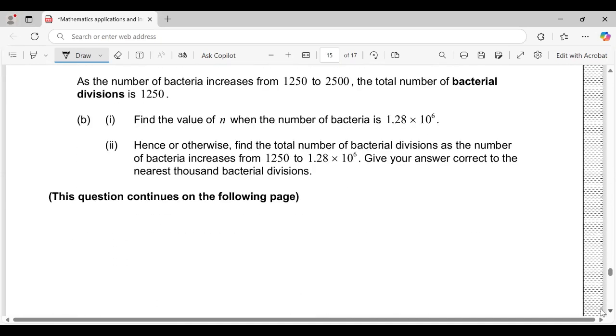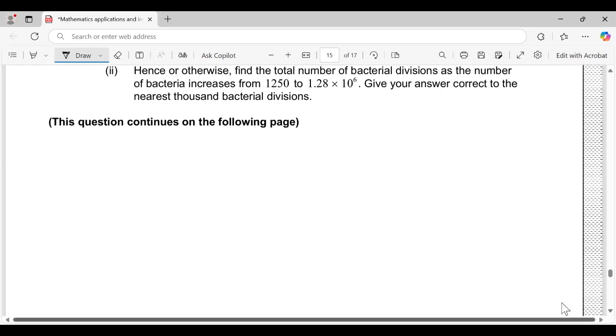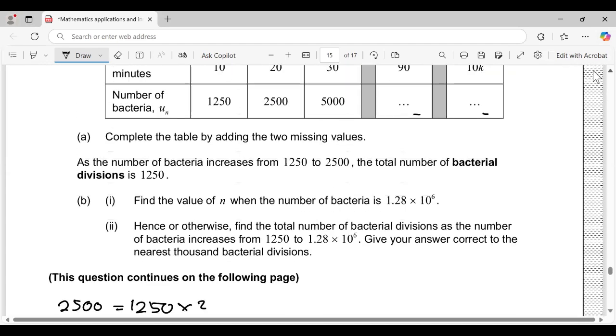From the pattern, from the information, we observe that each time the number of bacteria doubles. So 2,500 is from 1,250 times 2, look at this table.